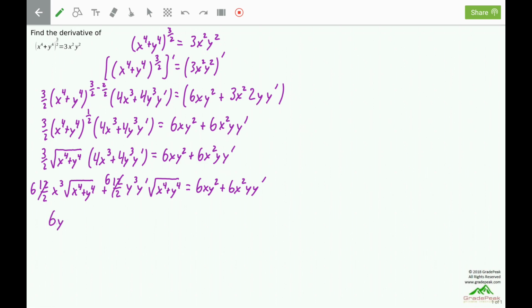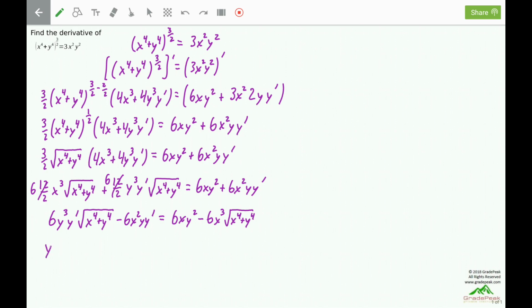So I will keep the 6y cubed y prime square root of x to the fourth plus y to the fourth on the left side, and on the left side I'm also going to be moving the 6x squared y prime, subtracting it over. On the right side, we will keep the 6xy squared. And on the right side, we will also have, subtracting over, the negative 6x cubed square root of x to the fourth plus y to the fourth.